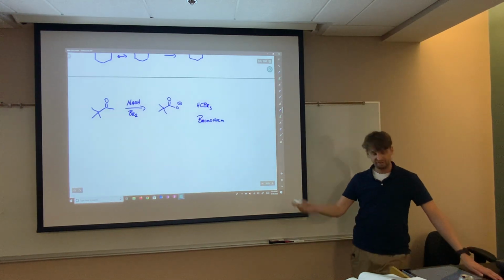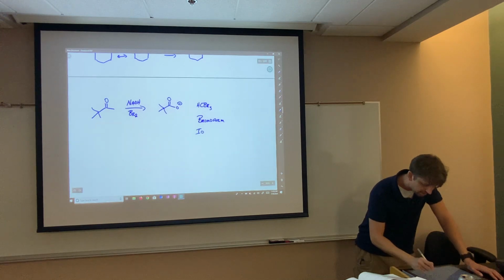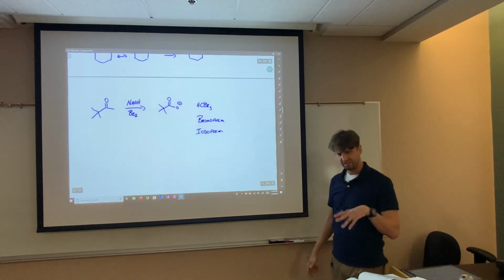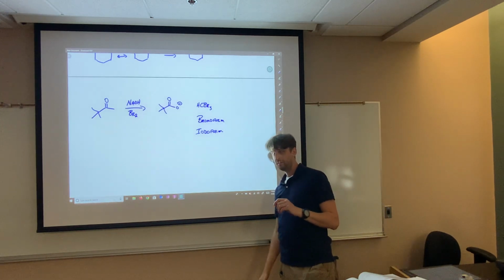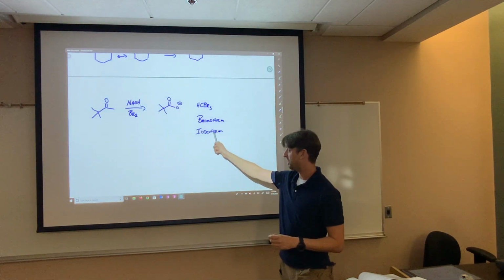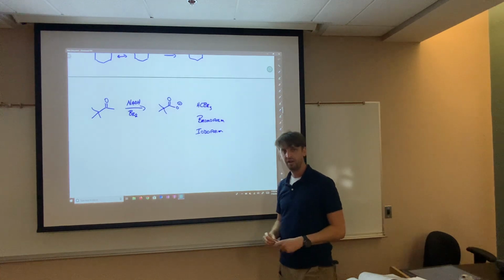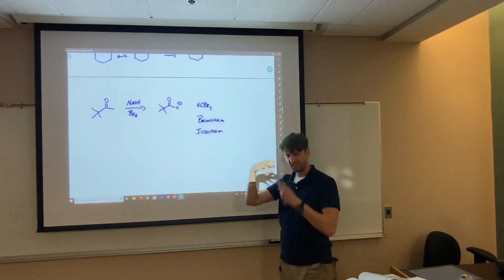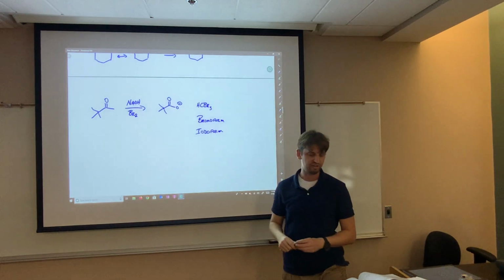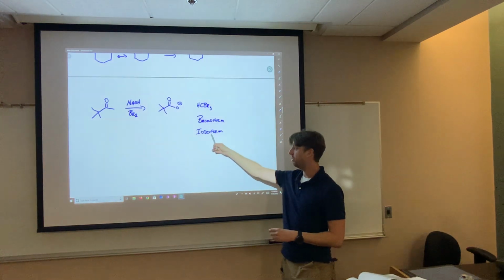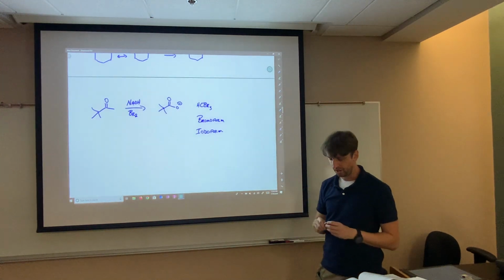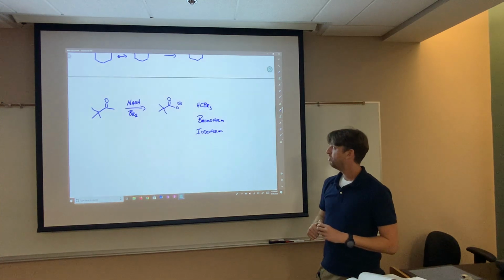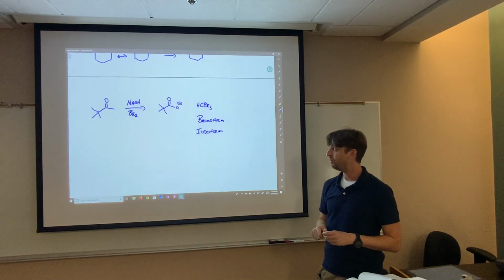And we can also do the same reaction with iodine, and we would make iodoform. In fact, it's a very common lab for organic where we do the iodoform test, because you'll see a nice, pretty yellow solid precipitate out of the reaction, because iodoform is a nice yellow solid. So this is called the iodoform or bromoform reaction.